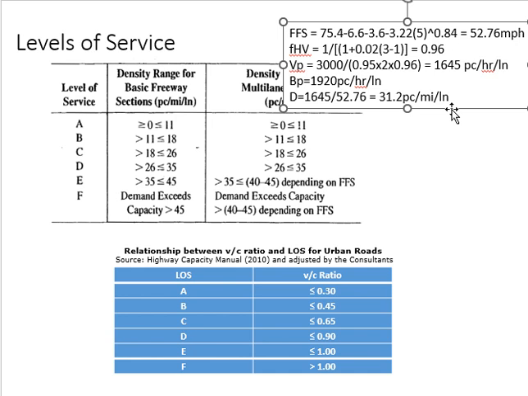Now look at the ranges, tell me what is my level of service. 31.2. D, right? I'm in this range, between 26 and 35. Clear? Any questions? My level of service is D.